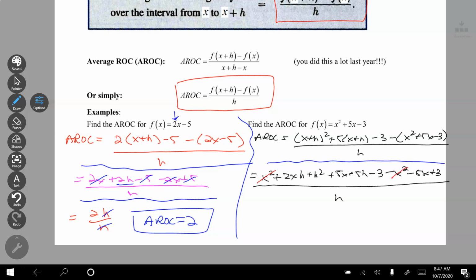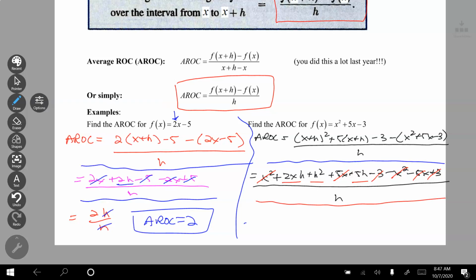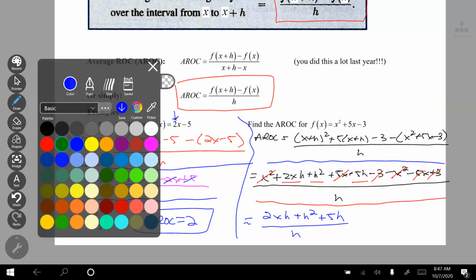X squared has a buddy, has an h, has an h. 5x has a buddy, has an h. Negative 3 has a buddy. If you don't get it to do that, where everything's canceled out, you did something wrong. So now I have 2xh plus h squared plus 5h over h, and I don't factor out the h.